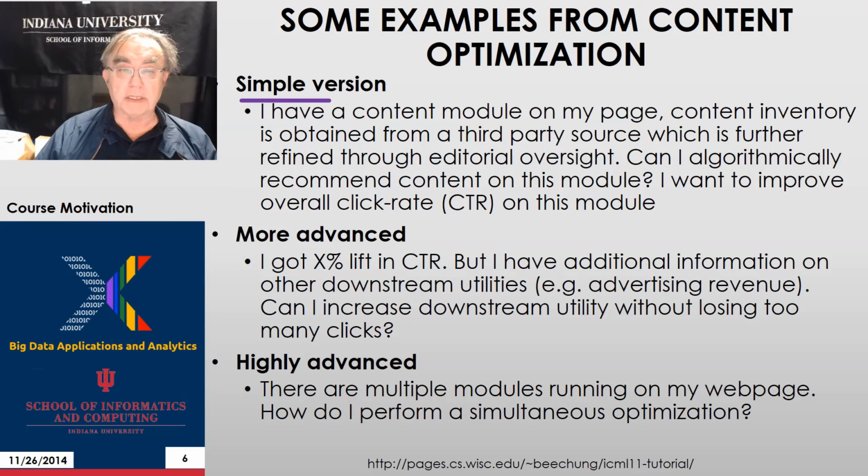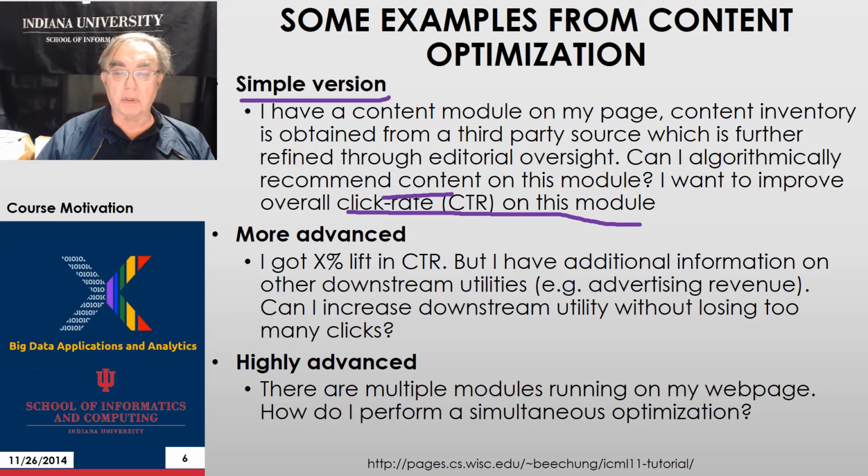So when I'm looking at this content, in the simplest case, I have a content module, and I have an inventory of possible content, and then I can produce some bias that I'd like a certain type of content, and I need to recommend the content in some fashion that improves the overall rate of clicking on this module, so that people are pretty interested in this module. And then I managed to make the click improve, but I also have additional information downstream as I further click through, and I want to increase the value of these downstream utilities.